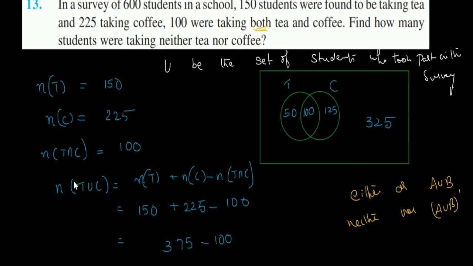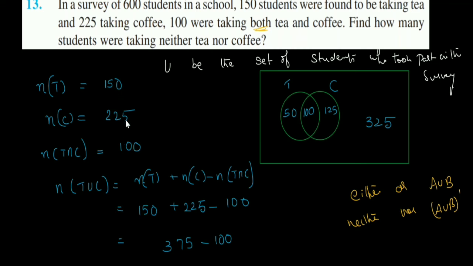So for that, we have to first find A union B. What is N of T union C? You have learned as a formula. N of A union B is N of A plus N of B minus N of A intersection B. So N of T union C will be N of T plus N of C minus N of T intersection C. What is N of T? 150.